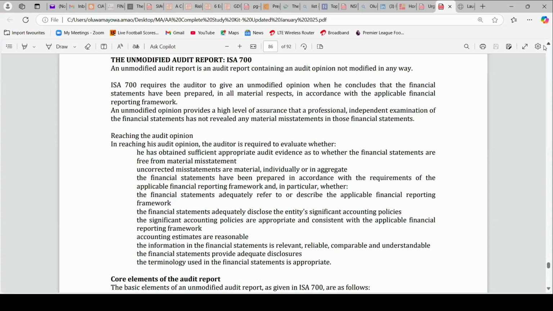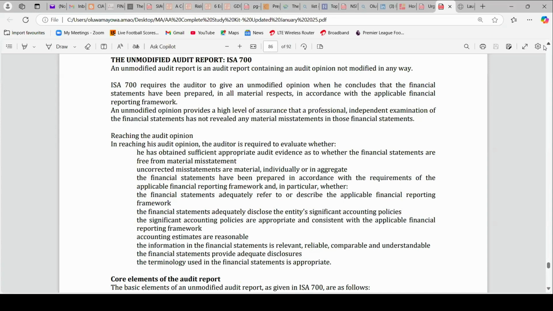The first standard is ISA 580, which is on written representation. Written representations are written statements from management on certain areas that need clarity by the auditor, or as a support to the audit evidence. So they are statements backing or supporting the audit evidence that the auditors have obtained, or just giving clarity on some areas of the audit.